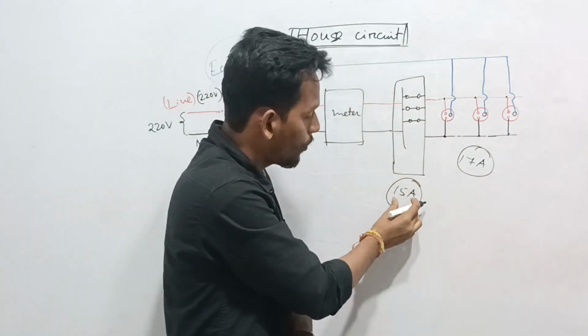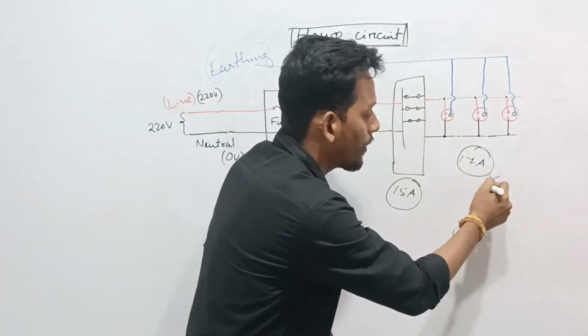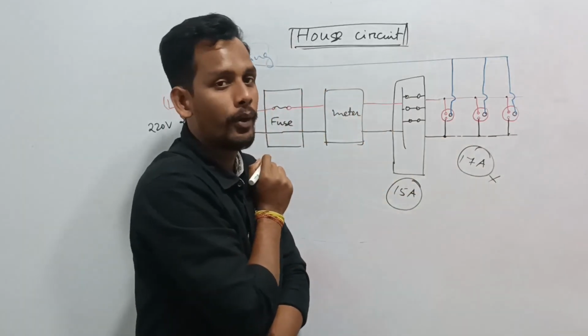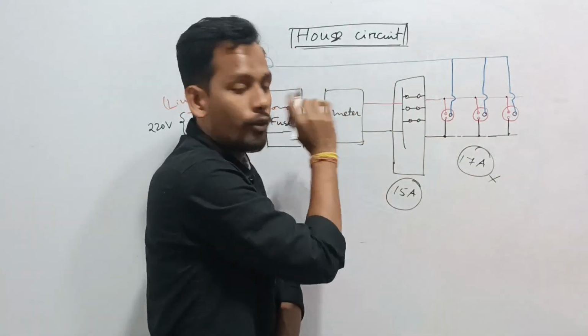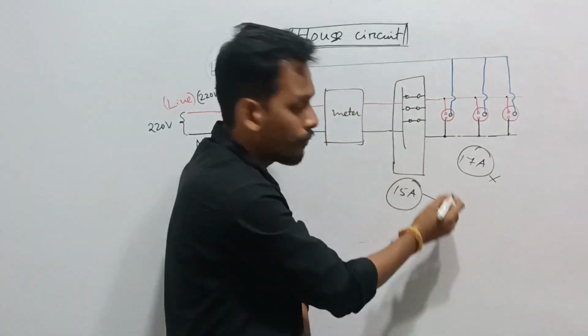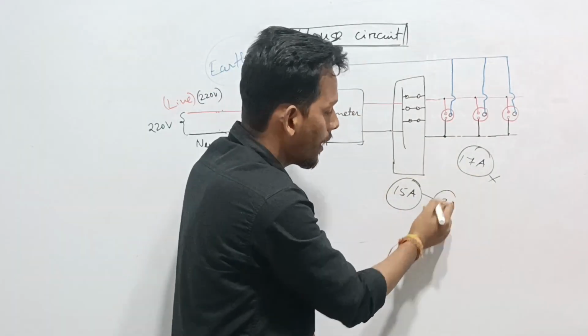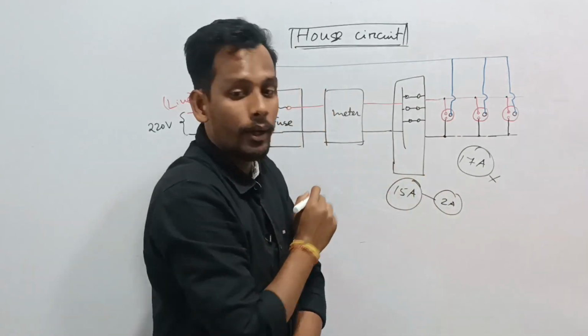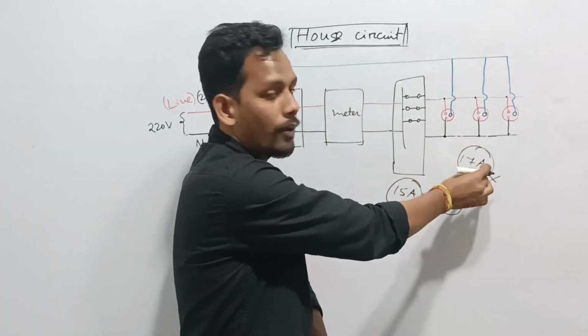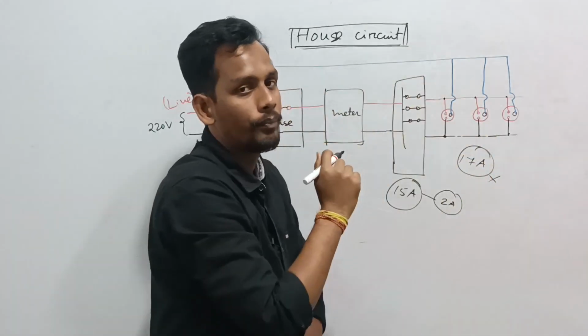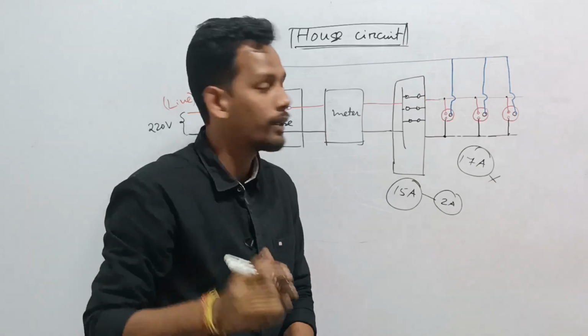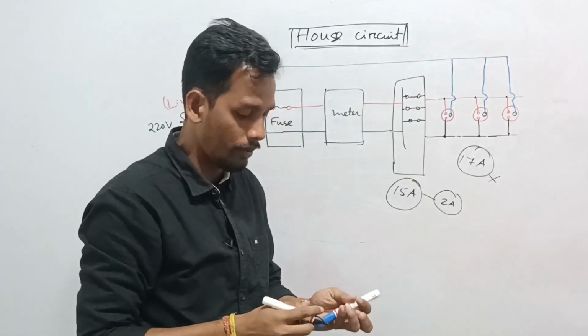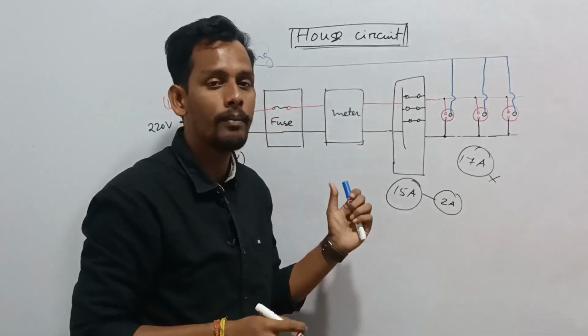In the 15 ampere fuse, you cannot run the 17 ampere AC. It will cause overloading. So in that case, another 5 ampere or 2 ampere fuse is required. In that case only you can run that AC. Clear? So when you read the MCQs, you will get better knowledge about this chapter.